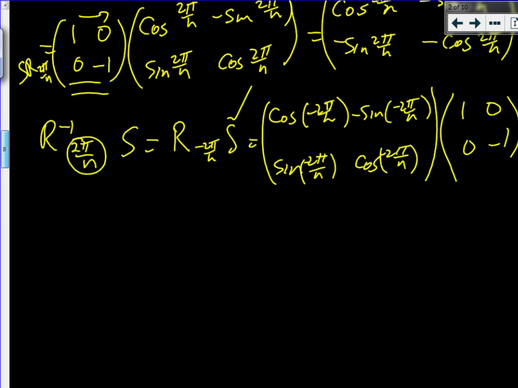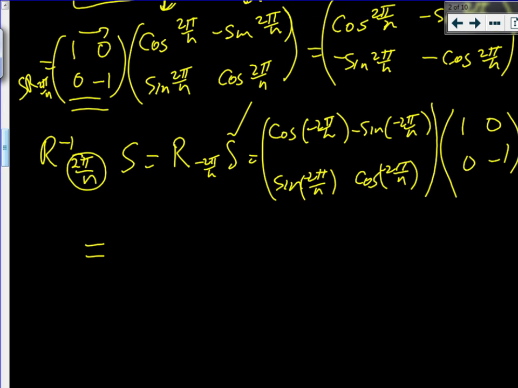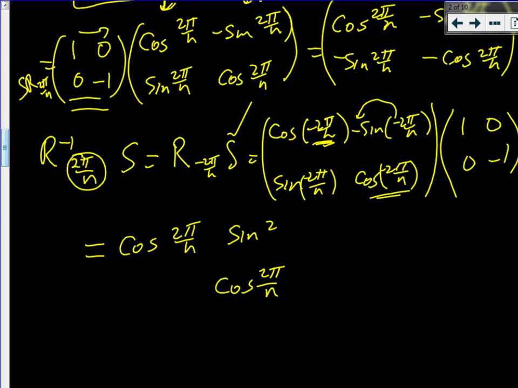But before I do that, I'll use that rule that we had before. The cosine of the negative angle is just the cosine of the angle. Same thing down there. You could ignore the negative sign. This negative sign comes in front, which is going to make it positive sine of 2 pi over n. This negative sign's going to come in front, which makes it negative sine of 2 pi over n.